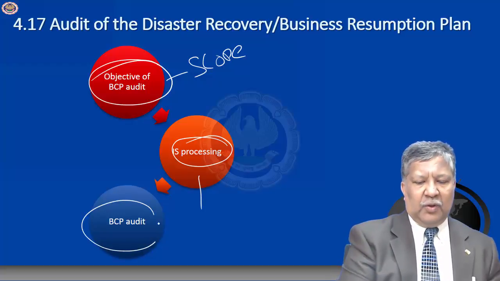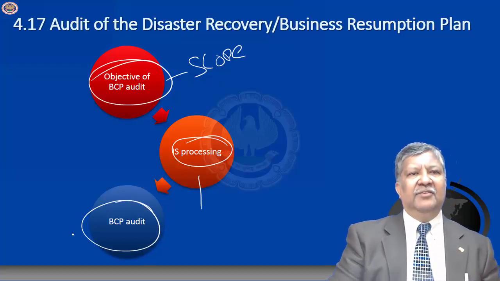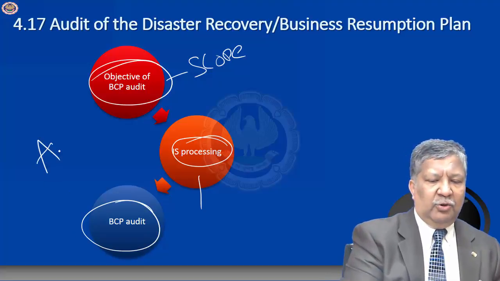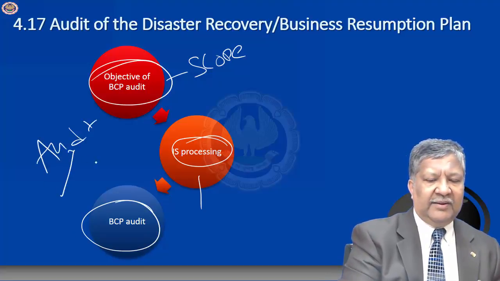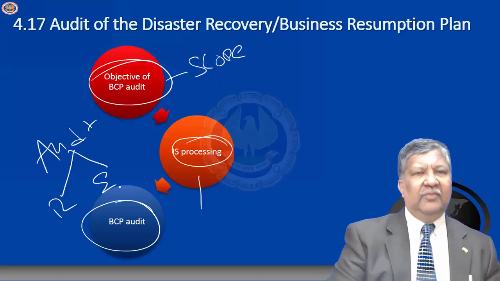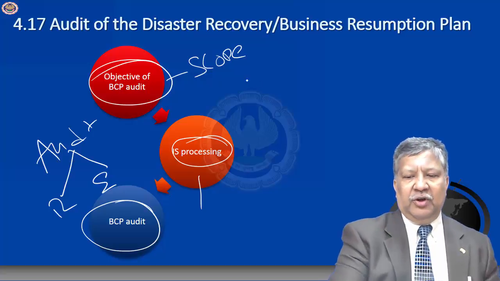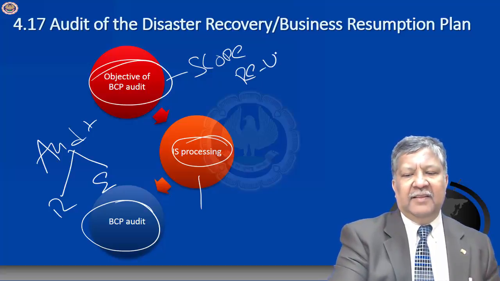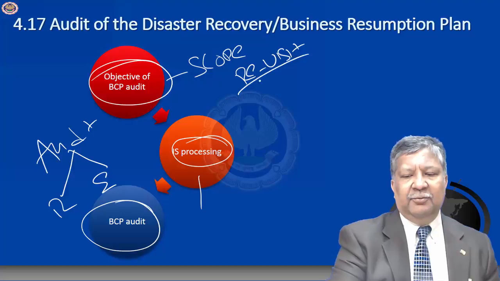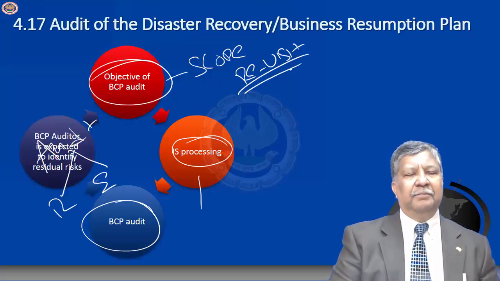The organization is supposed to have a business continuity plan in place, so you look at how to audit this, which means primarily when you look at audit, you look at two factors. You need to review and evaluate. The management is supposed to have implemented the business continuity plan. You go back and review what they've done, which means you revisit and confirm whether the business continuity plan is working as envisaged.